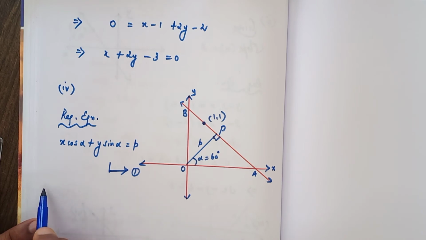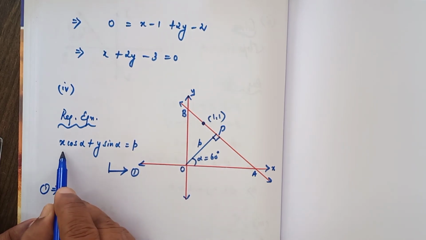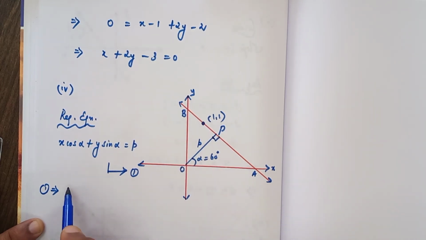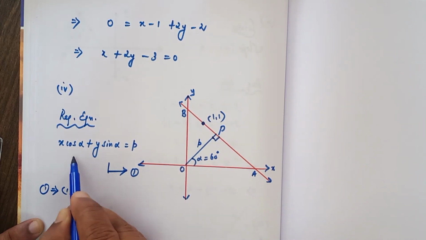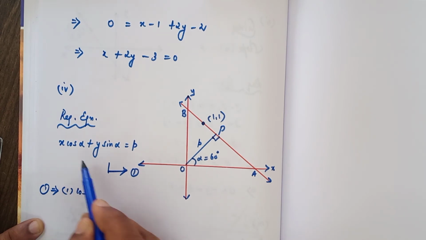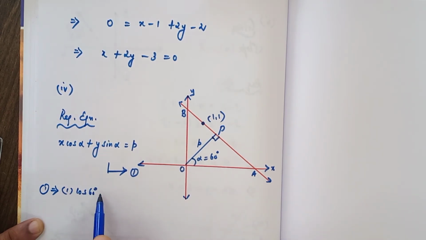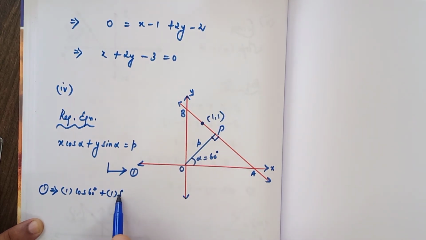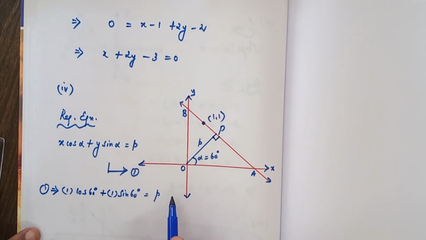Now equation 1: the line is passing through 1, 1. So substitute x equals 1 into cos alpha, that is 60 degrees, plus y also 1, sin alpha that is 60 degrees, is equal to p.